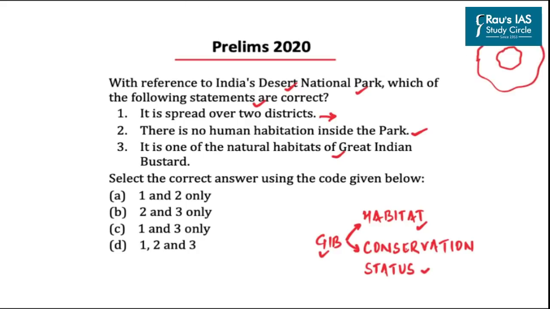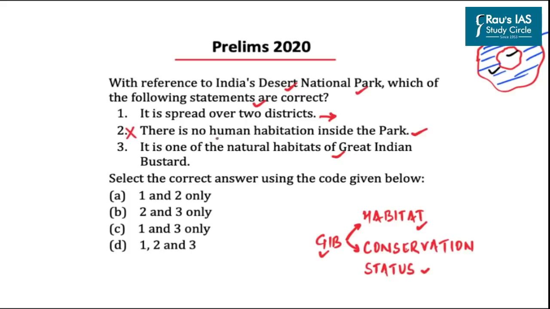And the buffer area is such where the habitation as well as human activity is allowed, especially if it belongs to the local population. And both these core as well as the buffer zone is considered as a part of any national park or tiger reserve.